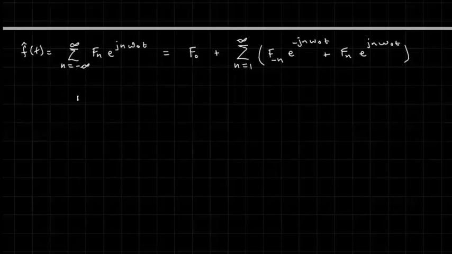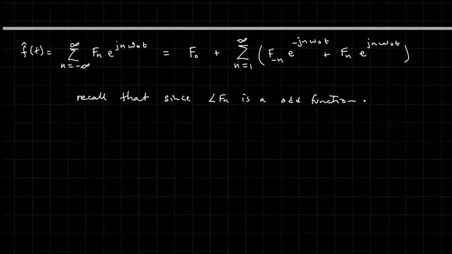Now recall that since the argument of f of n is an odd function, and the magnitude of f of n is an even function, we can write that f of minus n is equal to the complex conjugate of f of n.